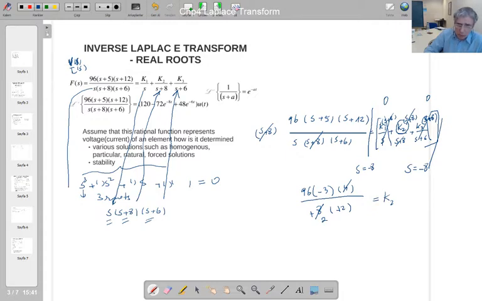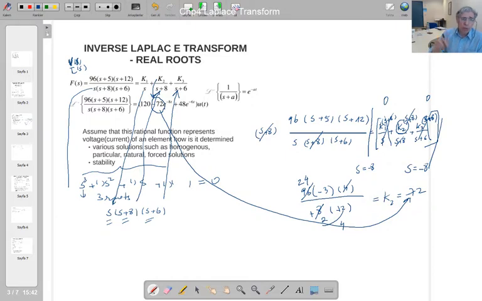So that gives you 4. When you divide 96 by 4, that gives 24. 24 times minus 3 gives you minus 72, which is this, isn't it? That is k2, and that's k2.